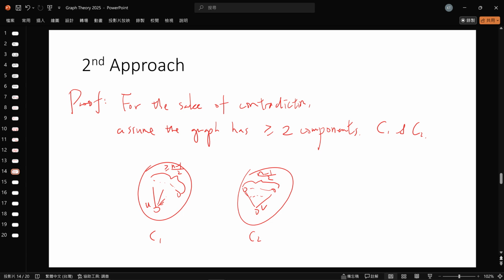So C1 is a component, C2 is also a component, okay? There are two different components. Suppose I fix a vertex V in C2, and I try to find all the neighbors of V. Is it possible that V has some neighbors in C1? So why not? What happens if there's a vertex here which is adjacent to V?